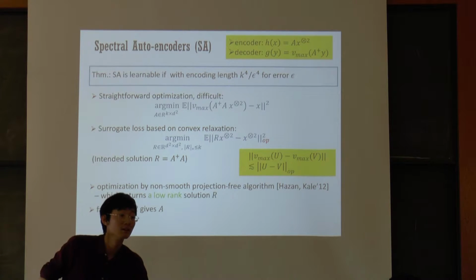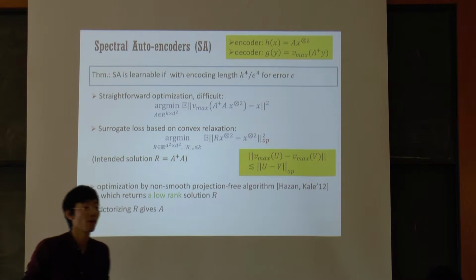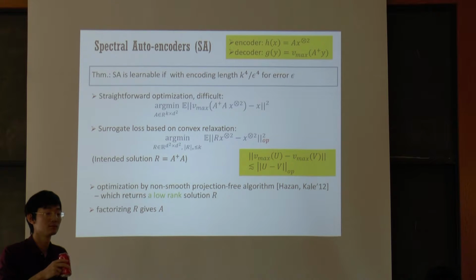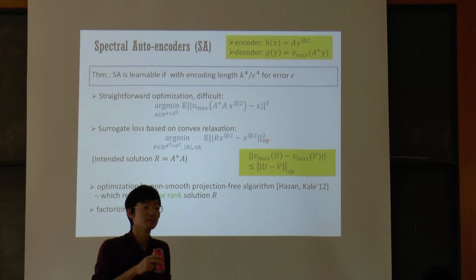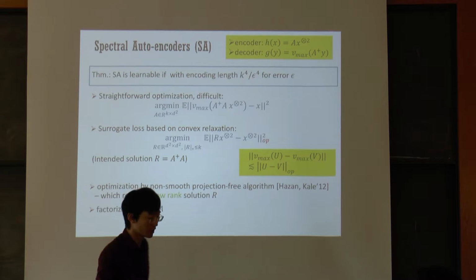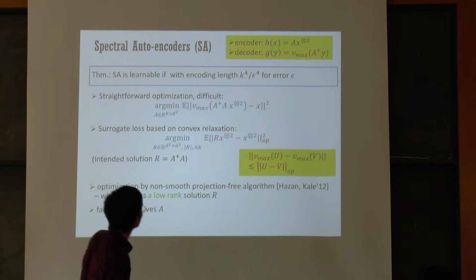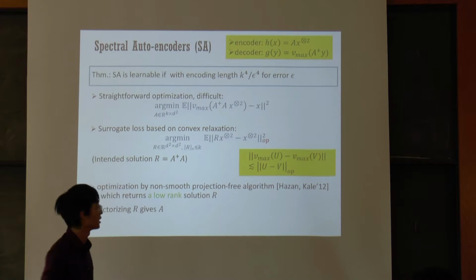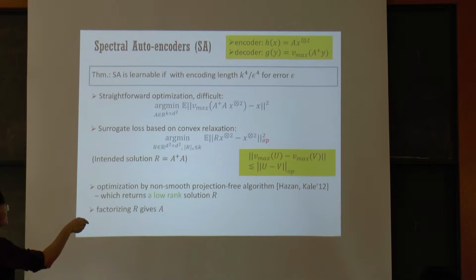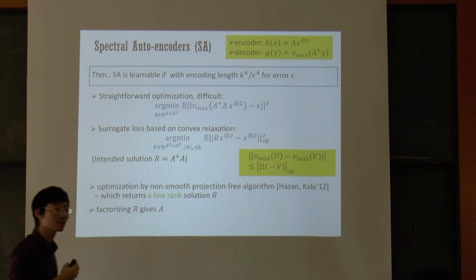So you have more general problems you can solve besides just the square, the degree 2? There is a kind of trivial way to extend to a higher degree. You can just replace this Vmax with, for example, the top eigenvector of the tensor.